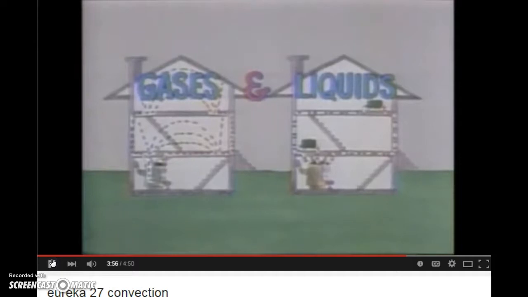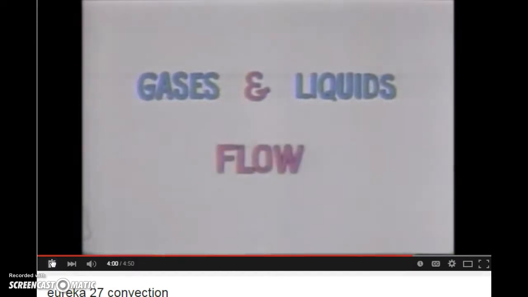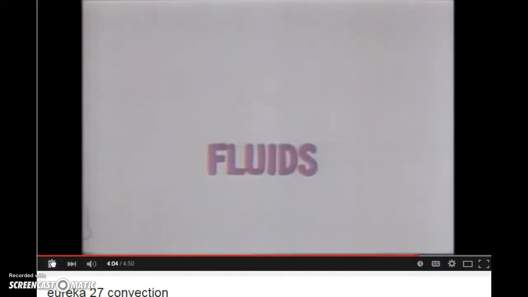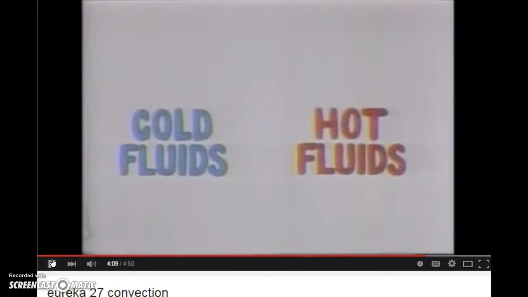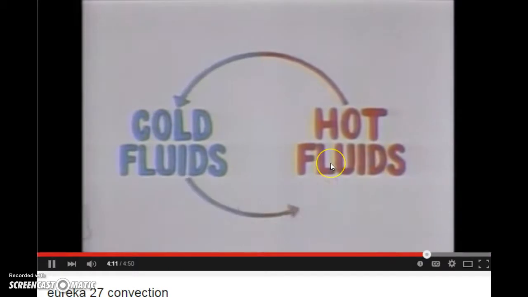Since the behavior of gases and liquids is so similar in this and many other respects, and since they can both flow, scientists call both of them fluids. So fluids are liquids and gases. Hot air is going to rise, cold air is going to sink.